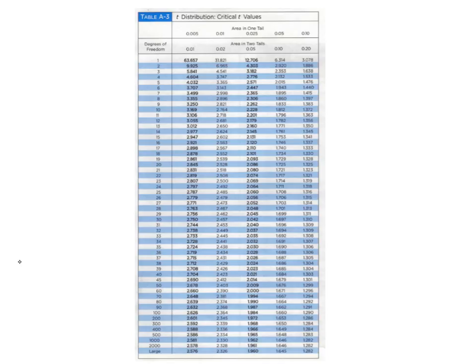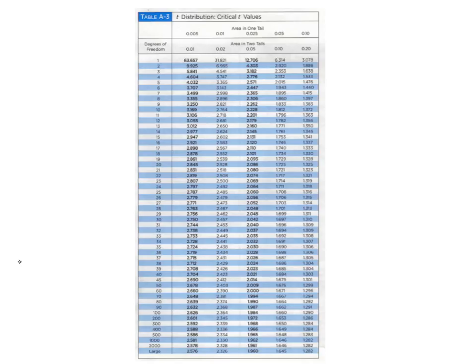So if we look at our t-distribution, a couple things to pay attention to. My degrees of freedom is along the side, over here on the left. Across the top, it gives me two pieces of information: my area in one tail, and my area in two tails.